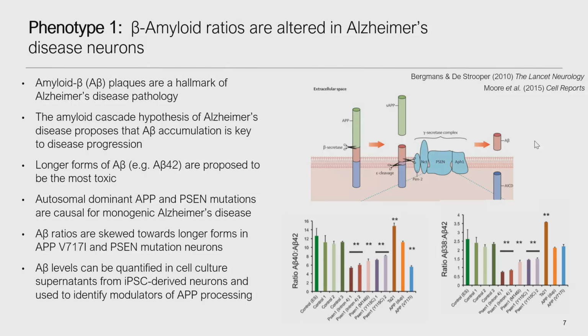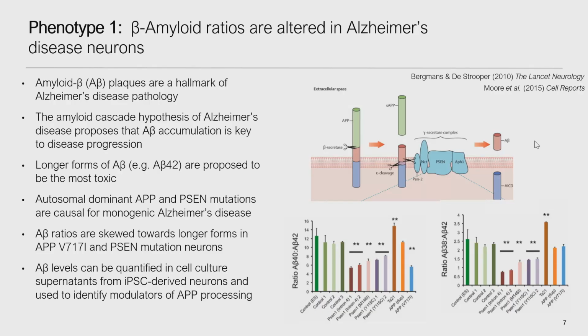The reason people are interested in targeting A beta is that the amyloid cascade hypothesis has been a real cornerstone of Alzheimer's disease research, and proposes that the accumulation of beta amyloid is really fundamental to disease progression, and that particularly the longer forms, so A beta 42, are the most toxic, and therefore the ones that you would like to clear, for example, with therapeutic antibodies.